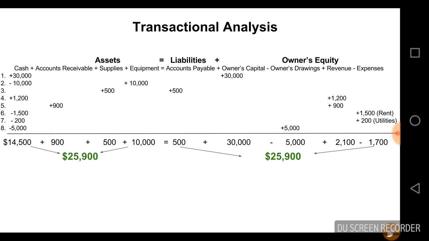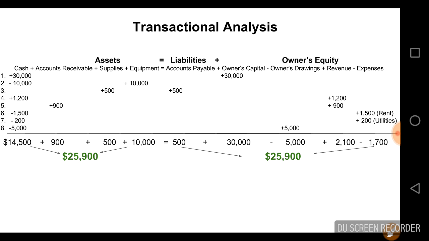Therefore, your accounts receivable increases by $900, and your revenue increases by $900. Okay, so the business has not been paid yet for the services performed, but we still recognize the revenue.